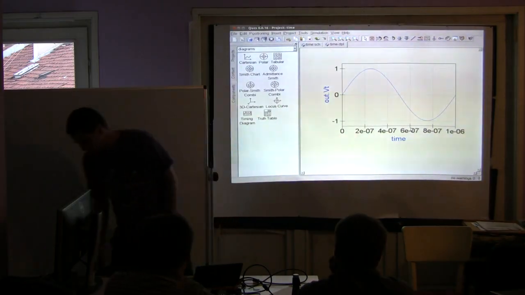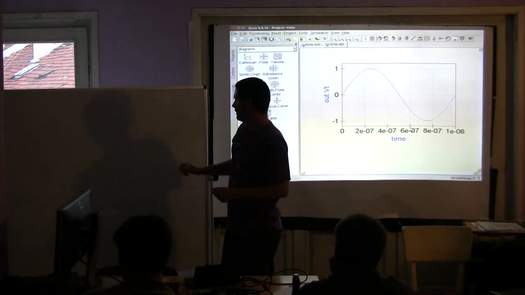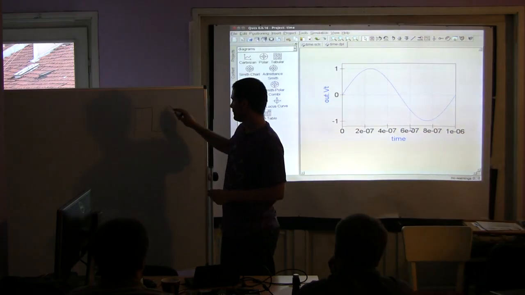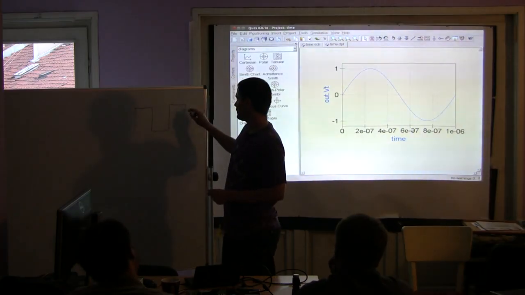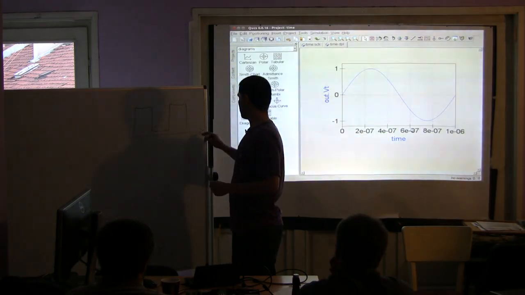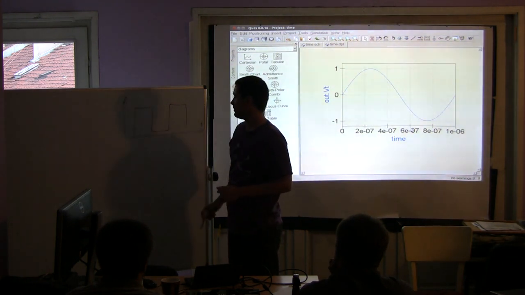For example, if we have a rectangular pulse or something like this, this is in time domain, and here is some kind of voltage.